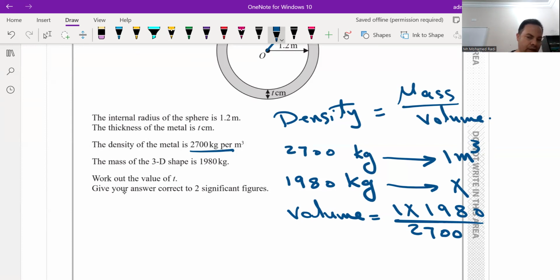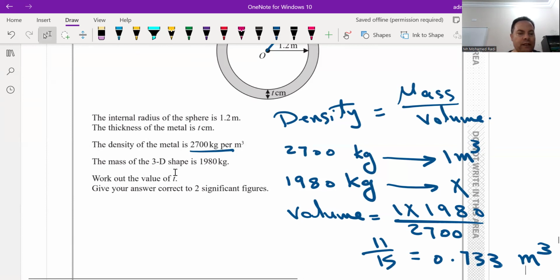The answer will be 11 over 15, or as a decimal, 0.733 meters cubed.